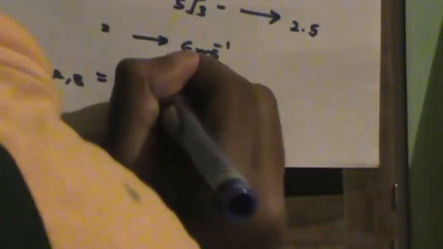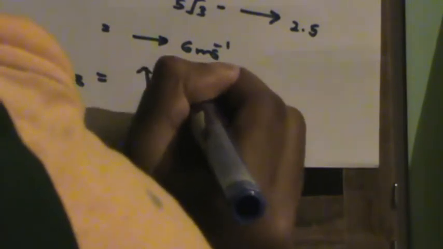For the vertical part, V_AB is equal to 10 sin 30 minus 5 sin 60. So 10 sin 30 is 10 times half, which is 5, minus 5 sin 60, which is 5 times root 3 by 2, so that is 2.5 root 3.